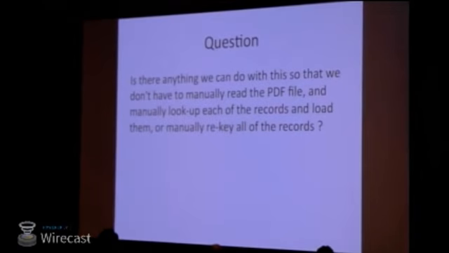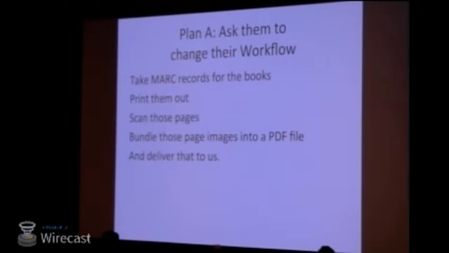And so, of course, the question was, is there something we can do with this so that we don't have to manually read through the PDF file and look up each and every record and then do some lookup and import or manually rekey the records? My first answer was to ask them to change their workflow.